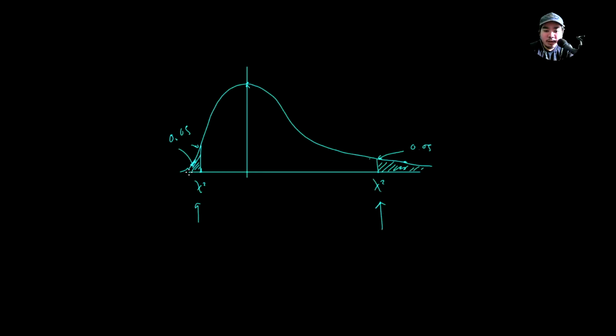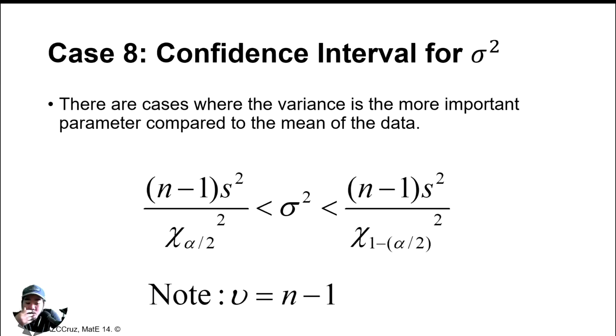And all of the values in the x-axis are actually all positive, no? It will actually start at 0 at the farthest end ng asymptote na 'to, papunta to a positive value. Okay? So, knowing that, iba 'yung magiging manipulation natin when it comes to determining the confidence interval for your variance, no?